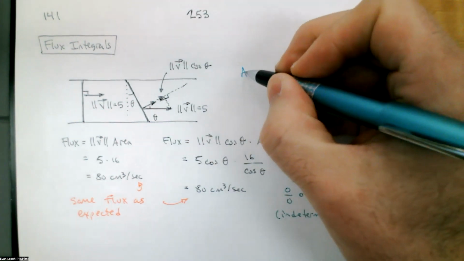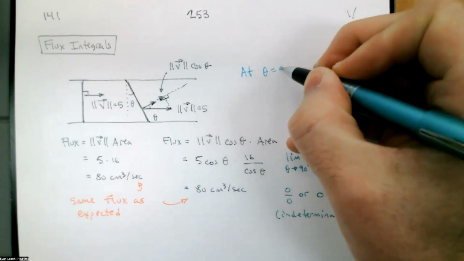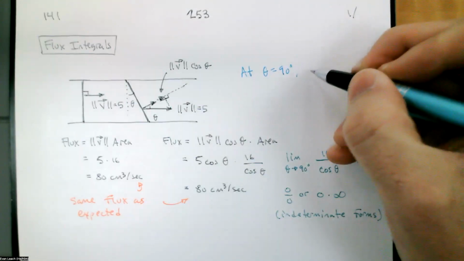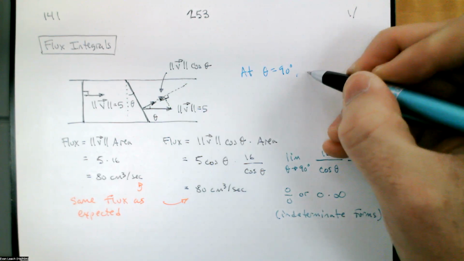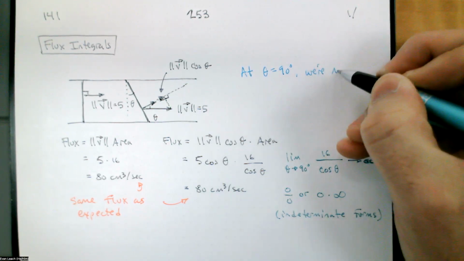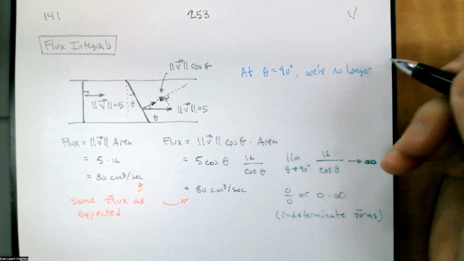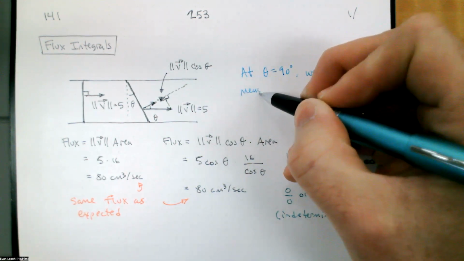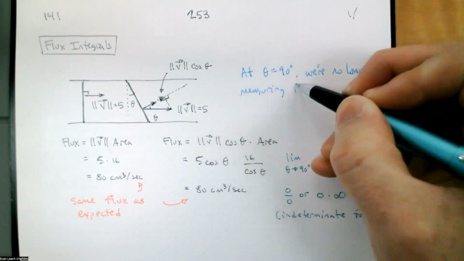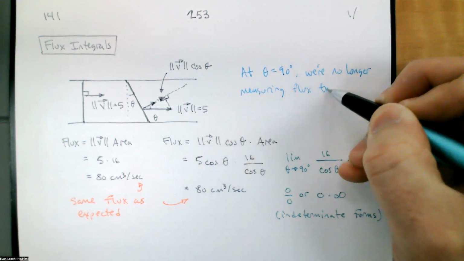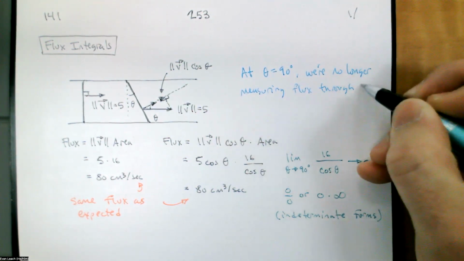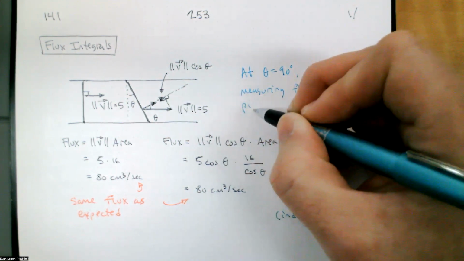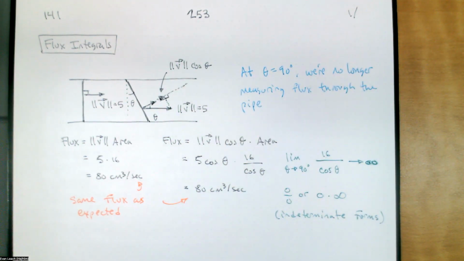So at theta equals 90 degrees, we're no longer measuring flux through the pipe because it's flowing parallel to the surface that we're trying to measure.